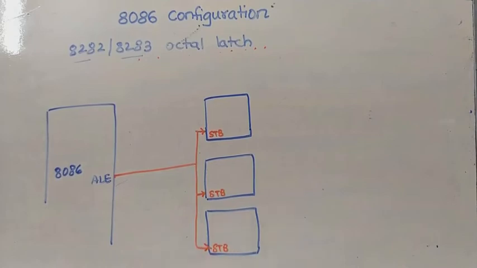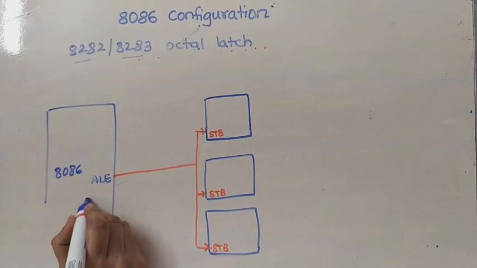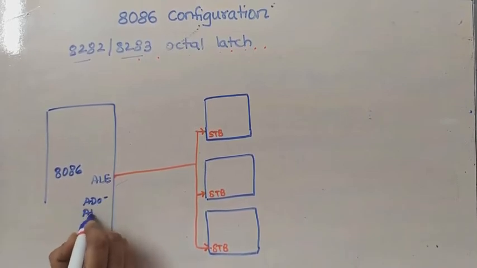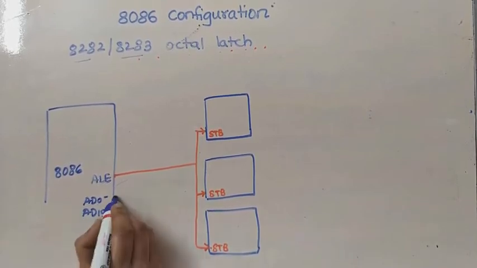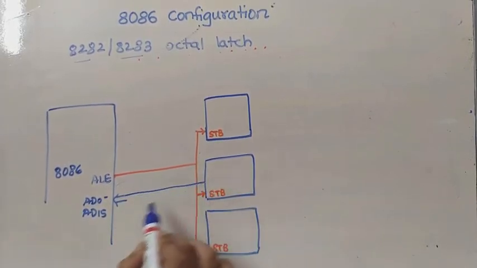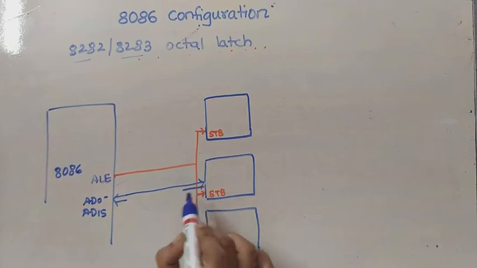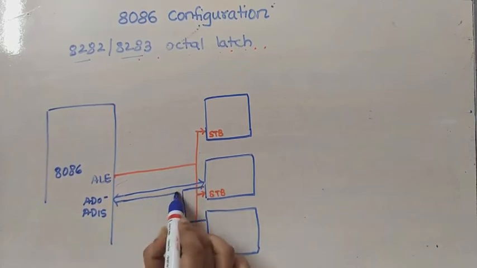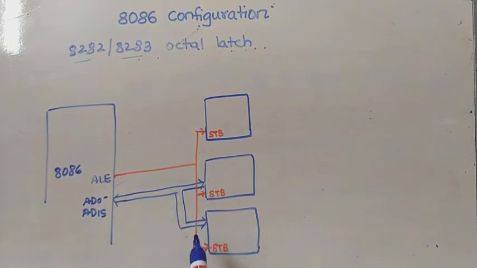Then the bus AD0 to AD15 is connected to this latch as well as to this latch.